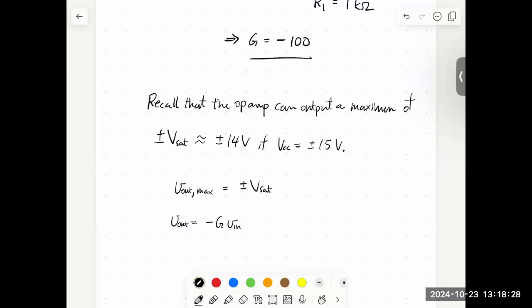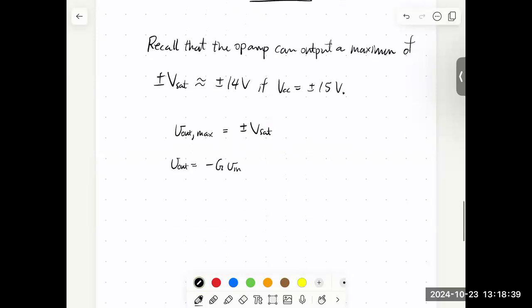Okay, so what's the restriction on V in? What's the biggest V in I could put in without hitting the saturation? Well, therefore we require that minus the gain times V in, let's just do absolute values, let's not worry about the signs for now, has to be less than or equal to V saturation, right?